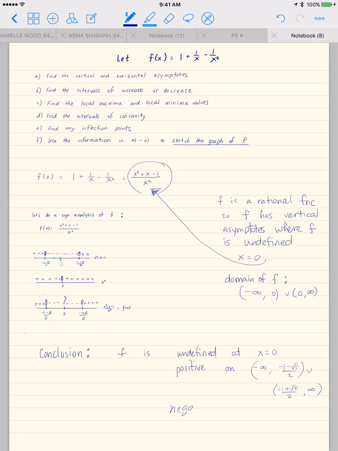It is negative on negative 1 minus root 5 over 2, comma 0, union 0, comma negative 1 plus root 5 over 2. And it is 0 at x equals negative 1 plus or minus root 5 over 2.